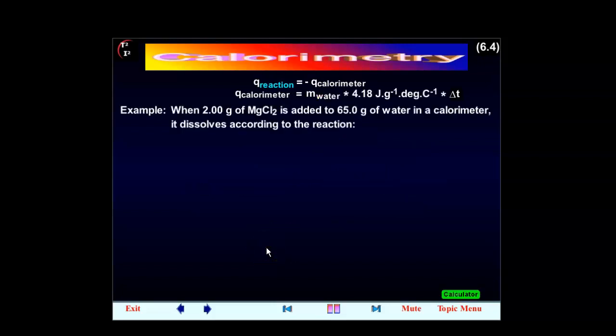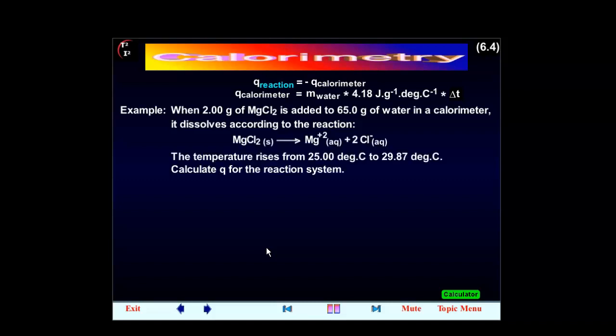Example: when 2.00 grams of magnesium chloride is added to 65.0 grams of water in a calorimeter, it dissolves according to the reaction. The temperature rises from 25.00 degrees Celsius to 29.87 degrees Celsius. Calculate Q for the reaction system. M water equals 65.0 grams.